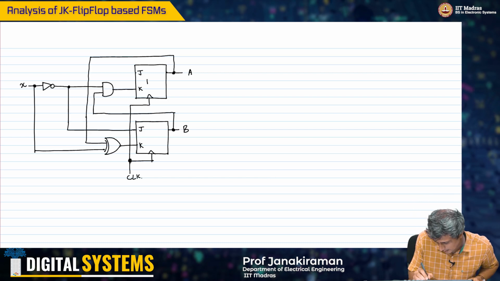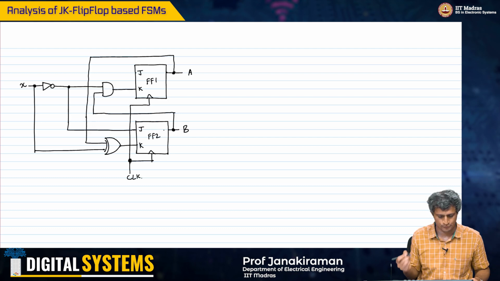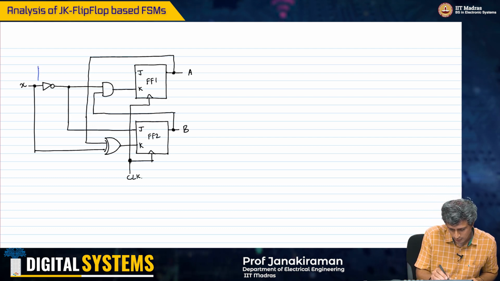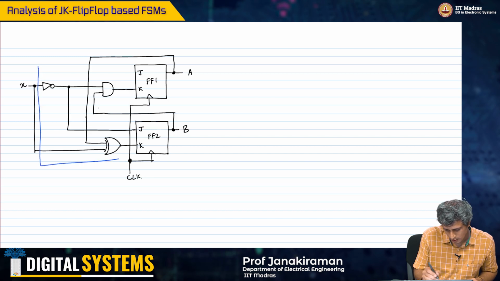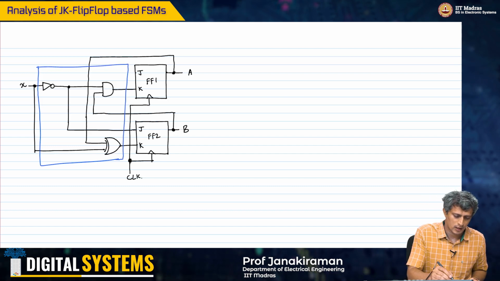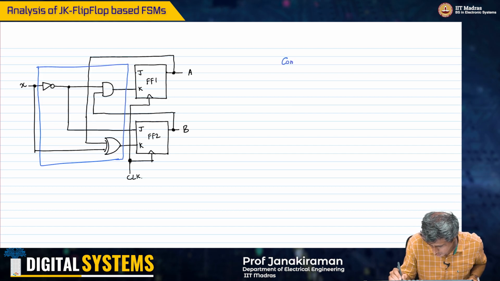So this is my flip-flop 1, flip-flop 2. The first thing to do is to identify what is combinational block 1. This is combinational block 1. Let us put down the parameters for combinational block 1.